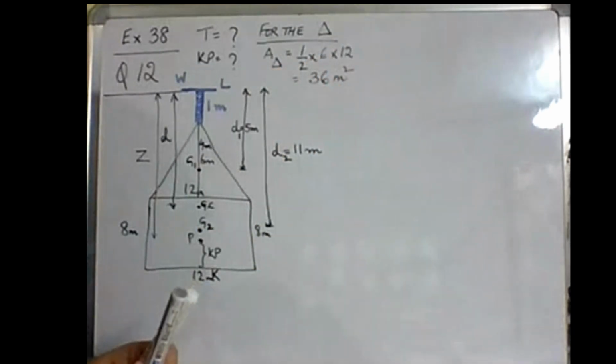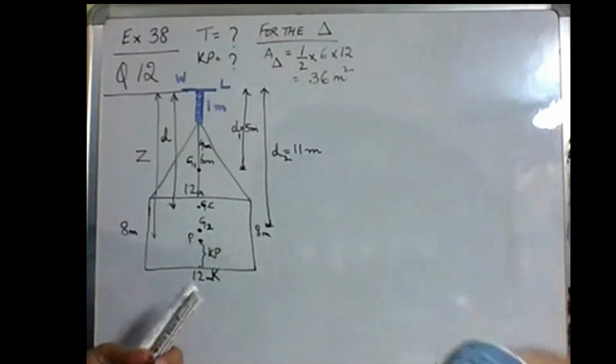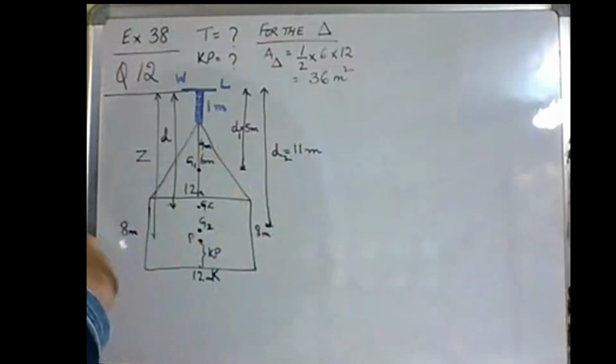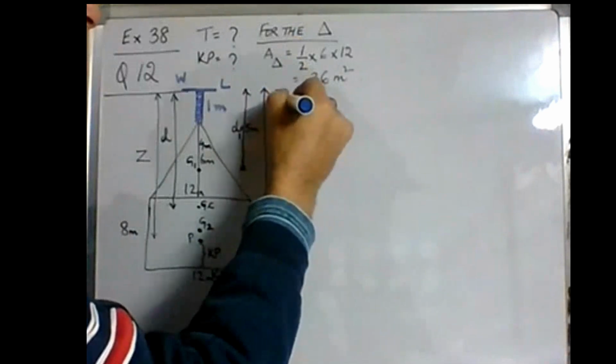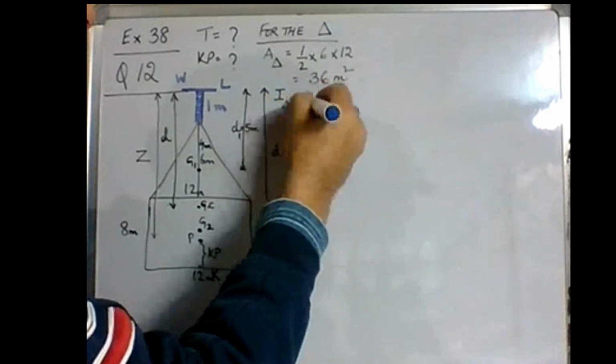This is the area of the triangle alone. What is the moment of inertia of the triangle about G1?